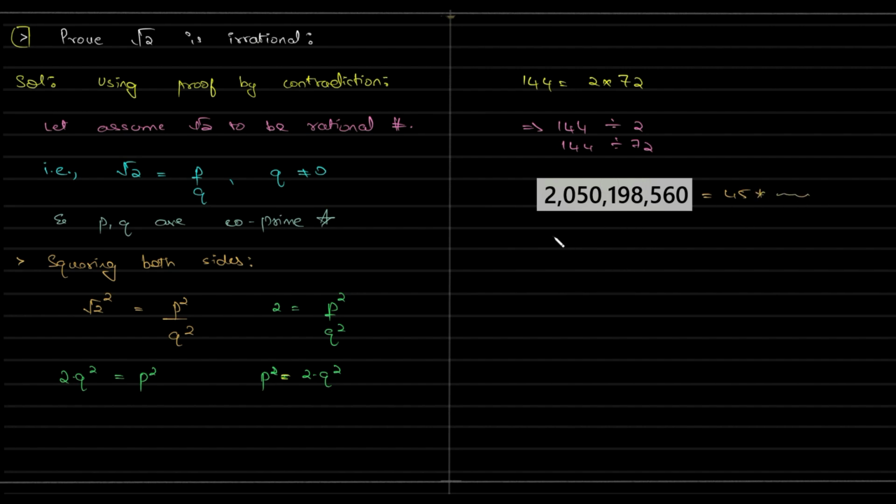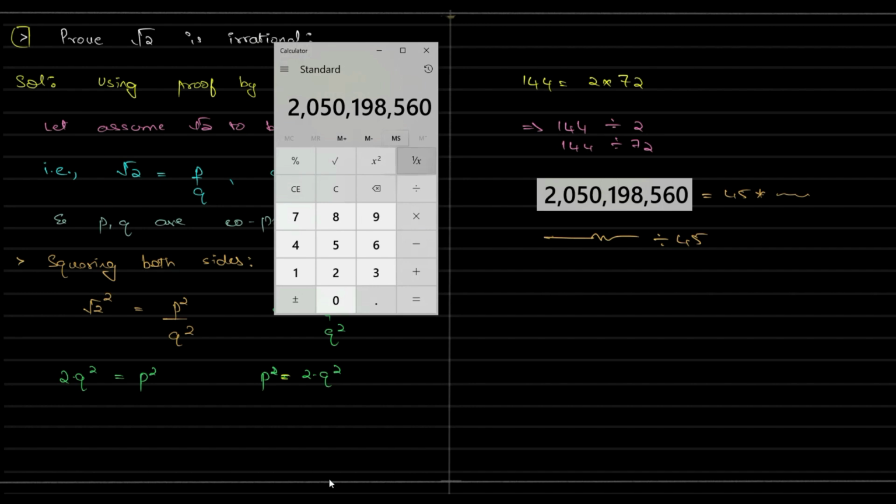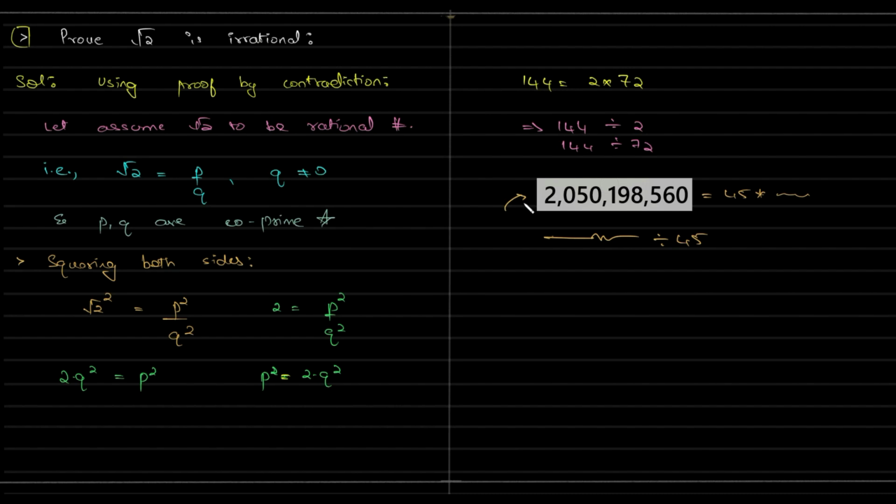Now, can I tell that this entire number is divisible by 45? If I divide by 45, I'll get a whole number. Because it's a product of 45 and something, it has to be divisible by 45.